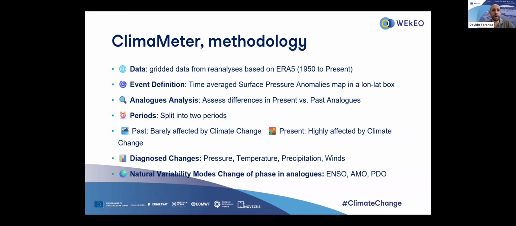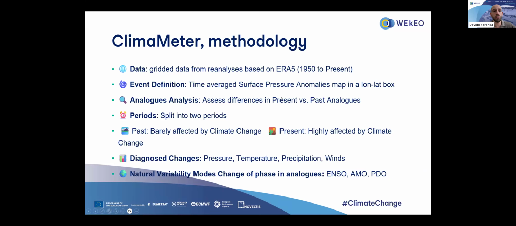As I was saying, we use Copernicus data from 1950 to present, and what we look at to be able to detect changes in our events is the large-scale pressure structure in a longitude-latitude box that fits our event. And the method is very simple because it's based on analogs of this pressure pattern that we have defined as a longitude-latitude box containing the event.